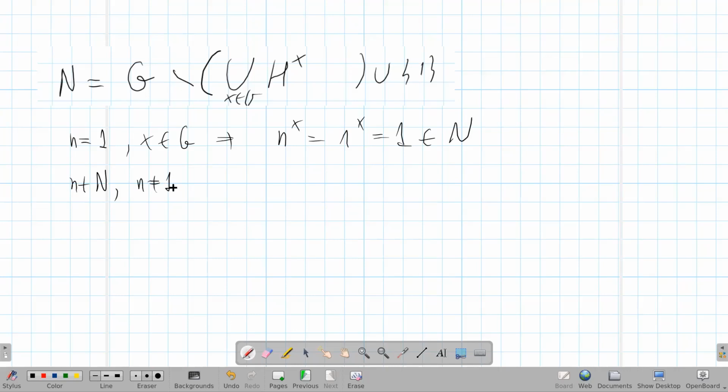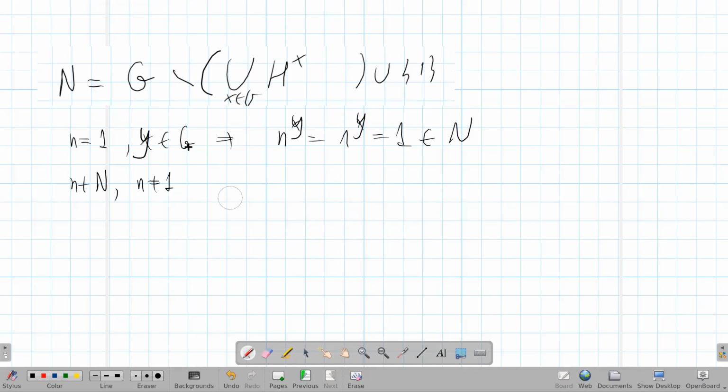Then what we have is that n, since it's in this set, is not in the complement. I should be careful with the letters. Let me change this letter, let's call it y here, okay?